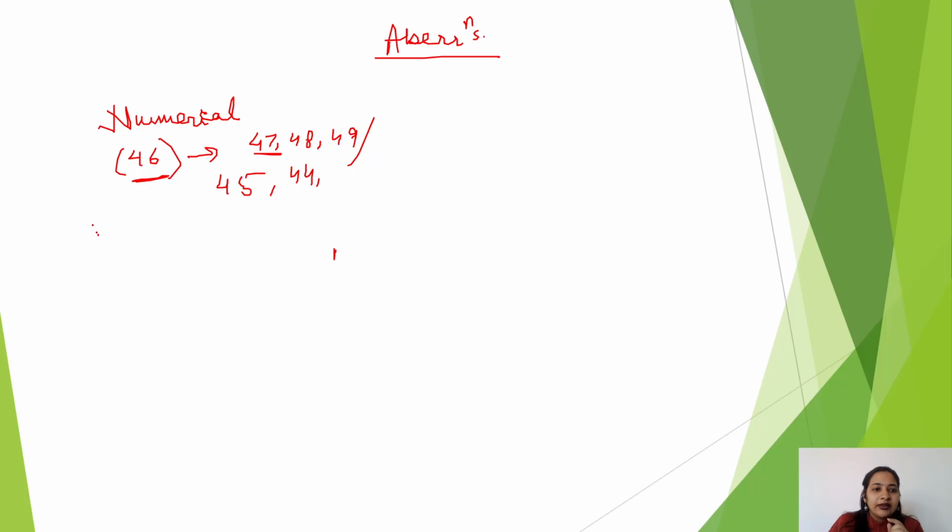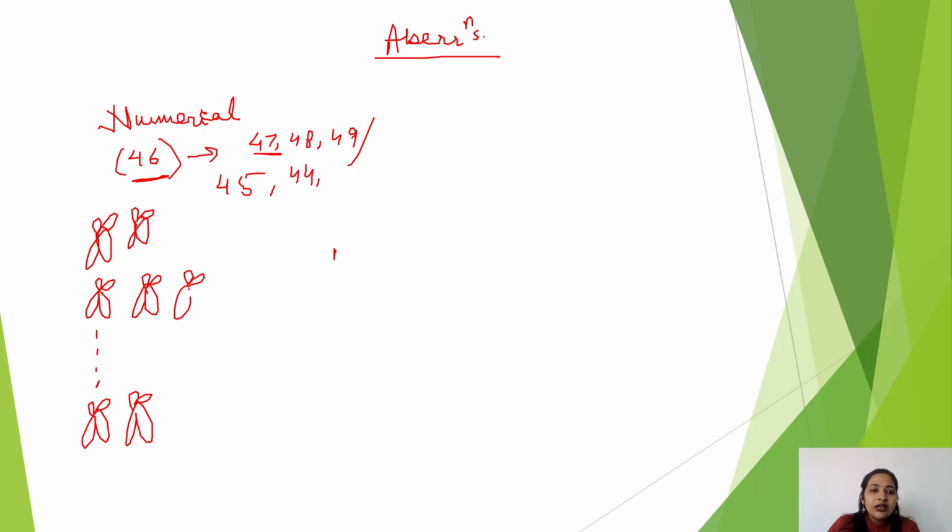For example, let me give you a diagram. Suppose this is pair number 1, homologous chromosomes, as I explained in the last video. This is pair number 2 and so on. We have 23 pairs of chromosomes. But it may happen that rather than two chromosomes in one pair, we may have three chromosomes.